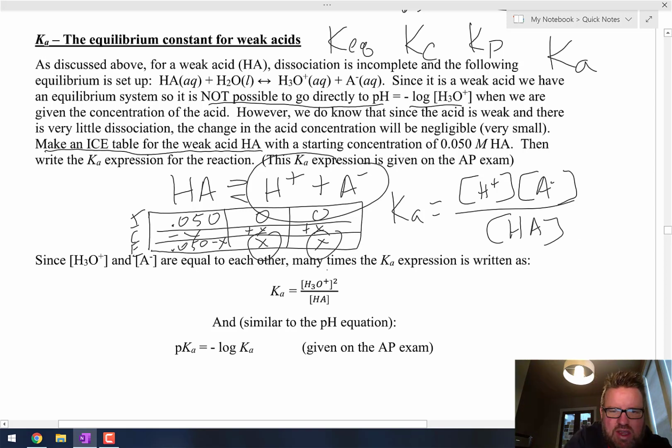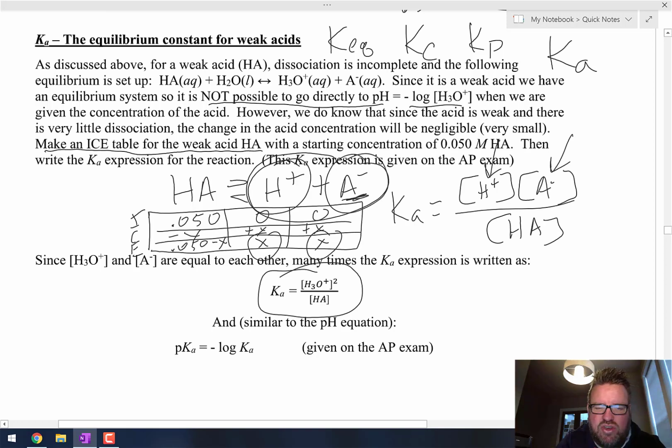Notice here that the way that they wrote that, because the hydrogen ion concentration and the conjugate base concentration are typically the same. Usually when it's a weak acid, you get one hydrogen that breaks off, and then you're left with a conjugate base, that negatively charged ion afterwards.